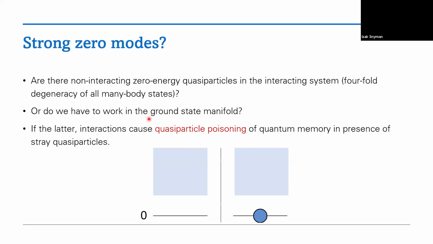Okay, so you might say, well, fine, we have to work in the ground state manifold. That's fine. We'll just make sure that the system's cold enough. You can go down to 10 or 20 millikelvin in a cryostat, and superconducting transition temperatures are like a kelvin or something like that. So you don't worry.